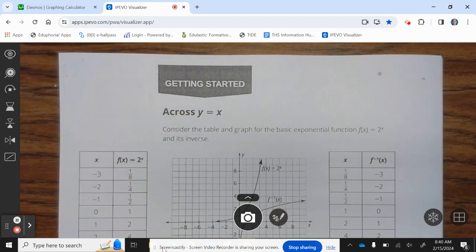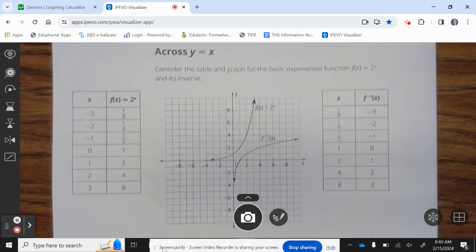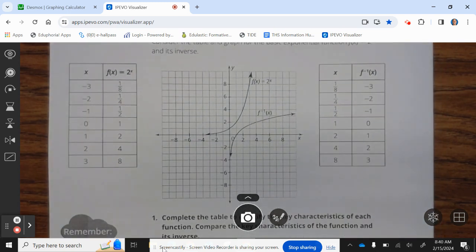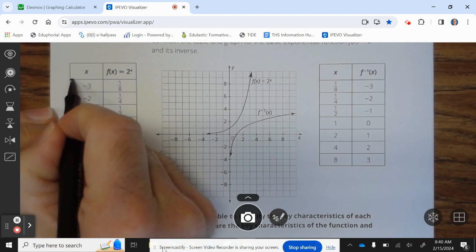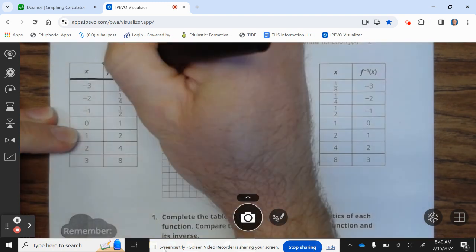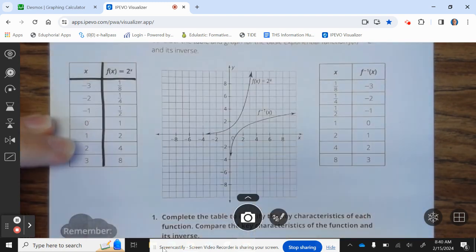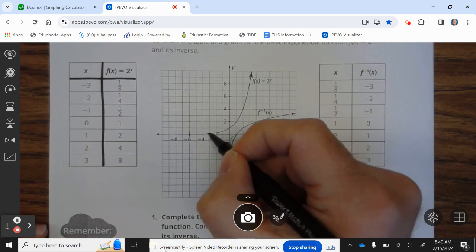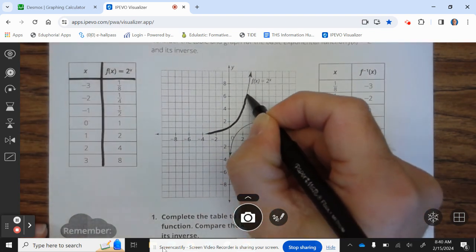Getting started. Consider the table and graph of the basic exponential function f of x equals 2 to the x and its inverse. All right, so we have f of x equals 2 to the x, and that is this graph right here.